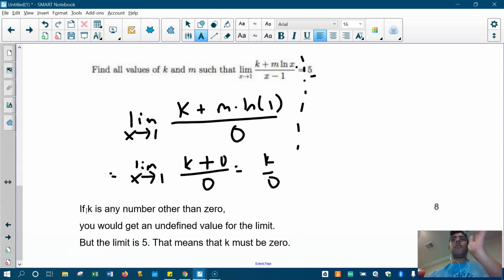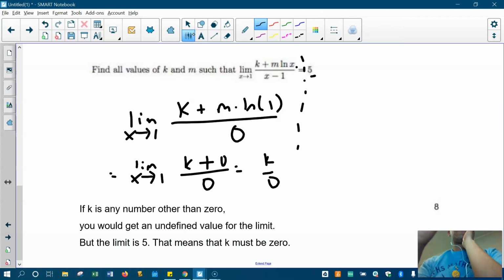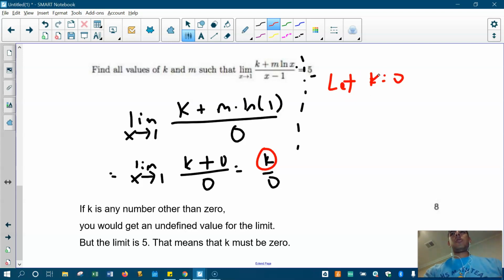The reason I know that k has to be 0 is because they want me to do L'Hopital's rule, which means that I want this value to be 0. Circle around looks like a 0. That's funny. So let k equal 0, and that sets up L'Hopital's rule.